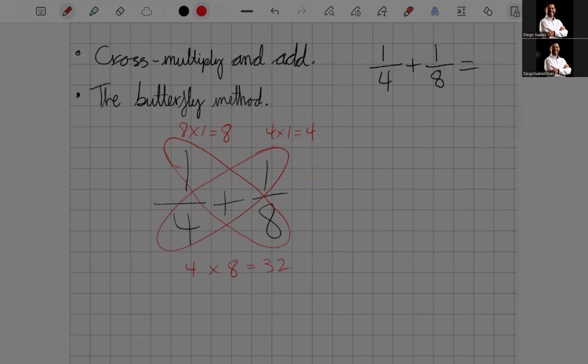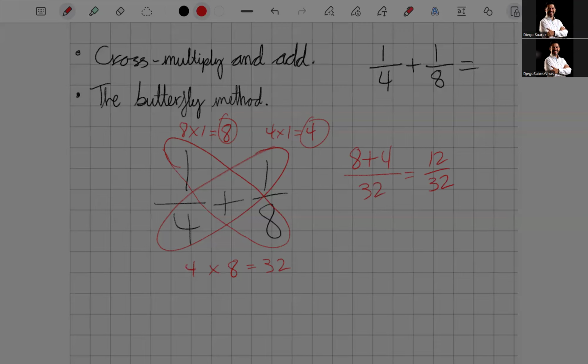Okay, now we have these results, right? We need to add these numbers, 8 and 4. So 8 plus 4 equals 12 over 32, which is the same result we had previously.